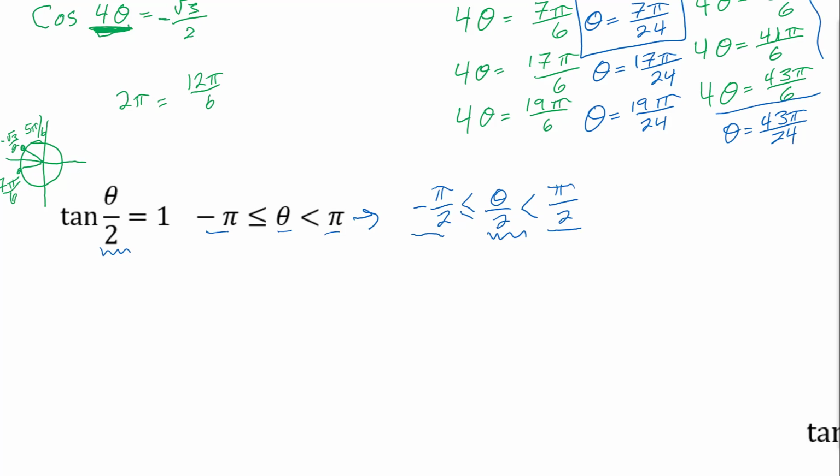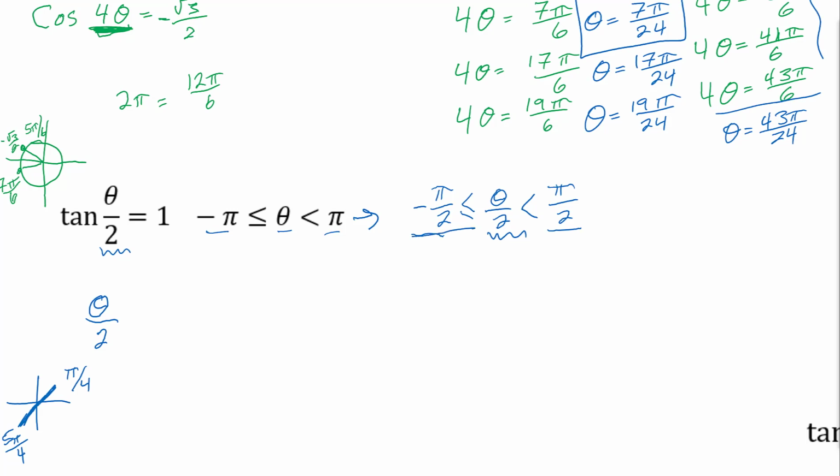So if tangent of theta over 2 equals 1, we remember that the angle that gives us a tangent of 1 is going to be at pi over 4 and at 5 pi over 4. That's where my tangent is positive, and that's where its value is 1.